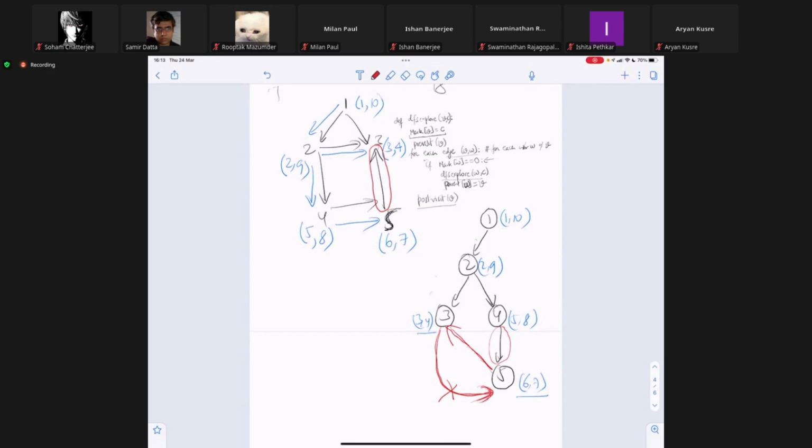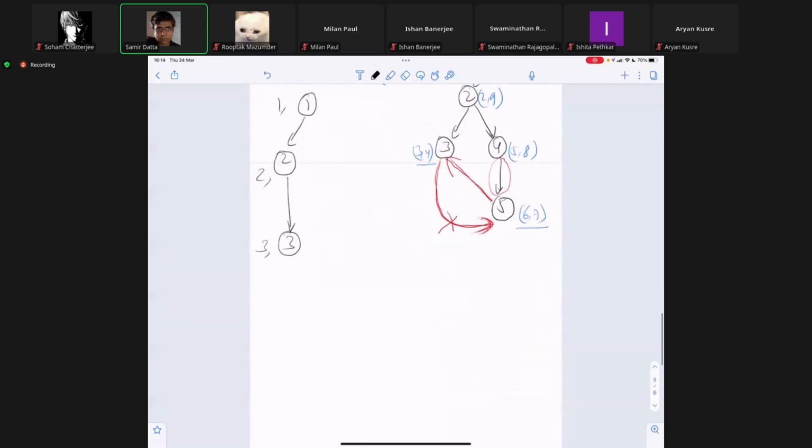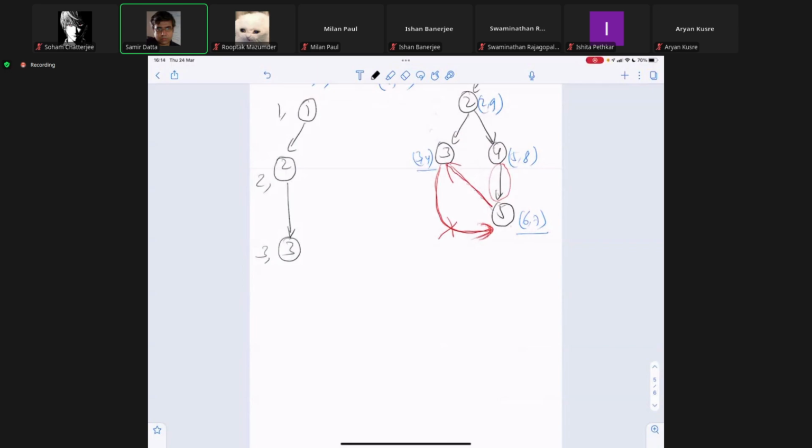Okay. Correct? I don't think I understand. Why would the second one become a reverse cross edge? Because let's do this quickly. So you would start with 1. Go to, suppose this edge is there, the 3 to 5 edge, correct? So 1 which starts at 1, 2 which starts at 2, then we go to 3 which starts at 3, and then we go to 5, correct?